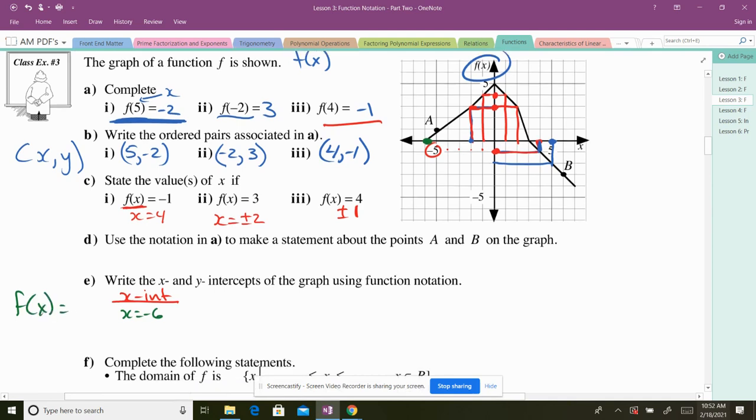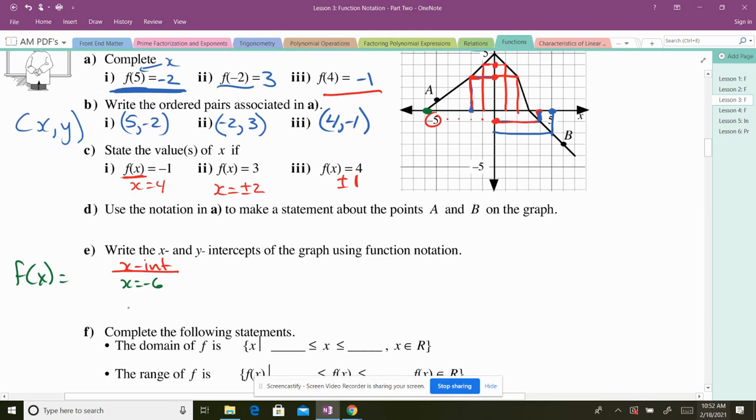So if my x-intercept is -6, I'm going to write f of -6 equals, what's the y value at the x-intercept? 0. So f of -6 equals 0. That's the x-intercept written in function notation. What I will ask you to write it as is like this, -6, 0, as an ordered pair. That's what I prefer.